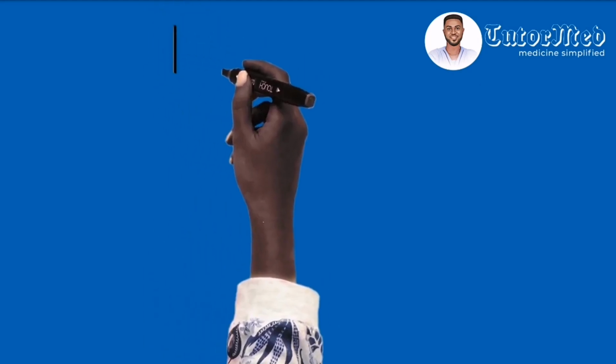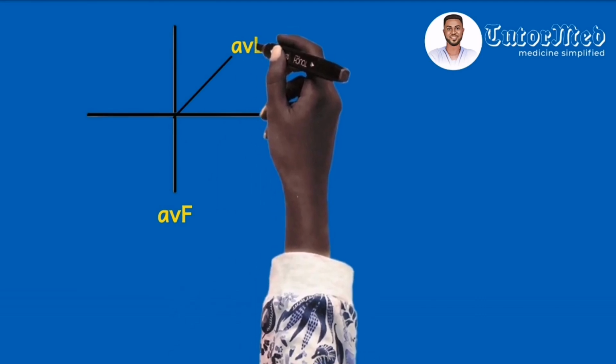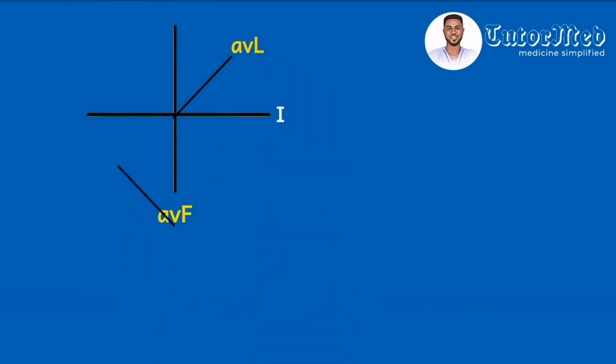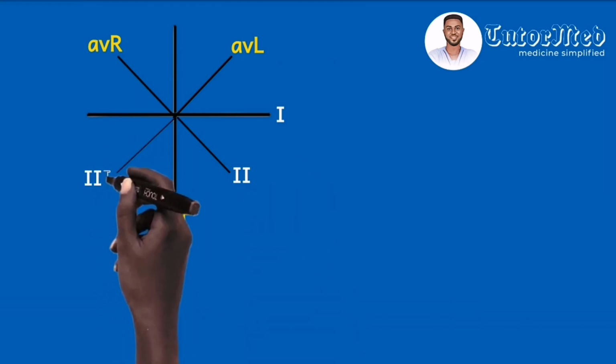And to do that, let's draw the spatial arrangement of the leads again, beginning with the limb leads. And so we have our vertical line and our horizontal line. Lead 1 is here and AVF is there. Then we have this line for AVL and that line for AVR. And then we have lead 2 here and this line for lead 3. That is for the limb leads.